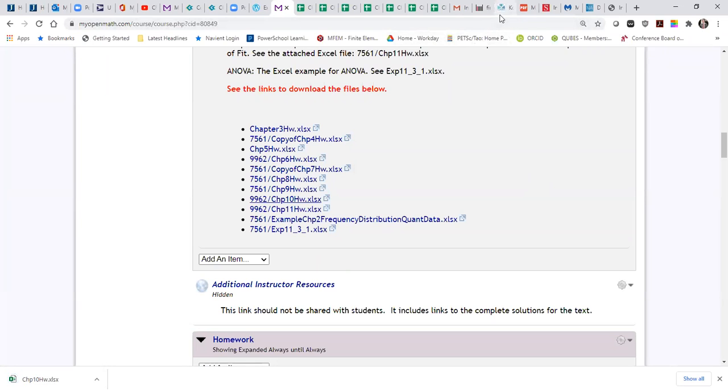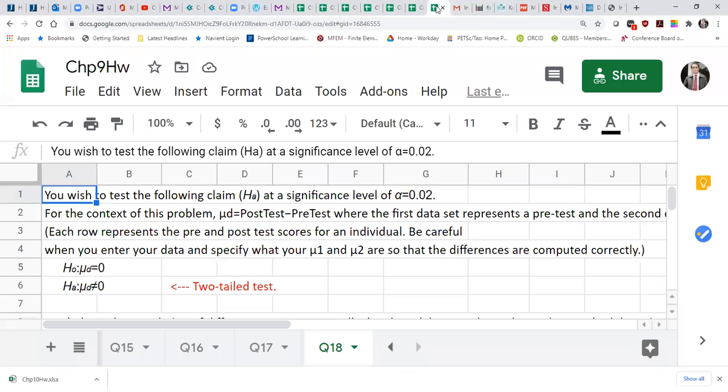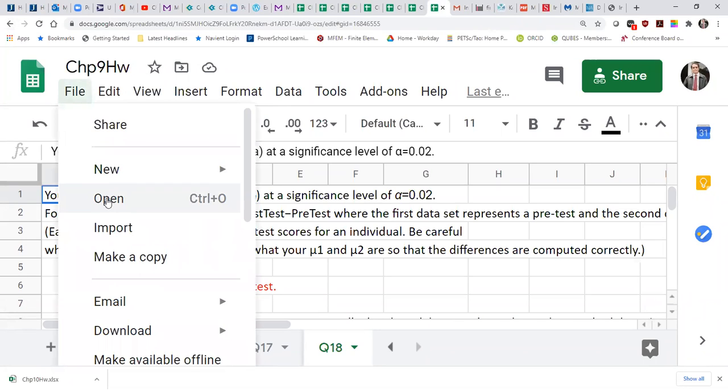Now let's look at it. I will use the Google Spreadsheet again. I will upload it here, and you can use it. You can copy and then use it.